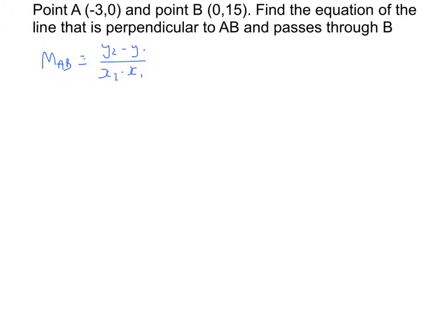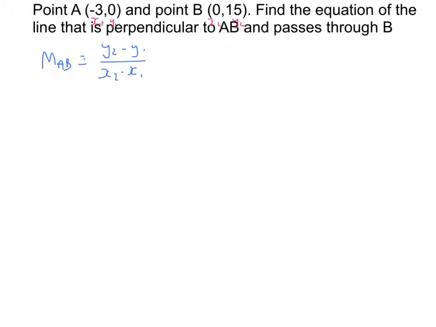Now we need to identify x1 and x2, so we have x1, y1, x2 and y2. I started off by looking for the most negative of the two x values, which is negative 3. y1 lives with x1 and then the other coordinates are x2 and y2.